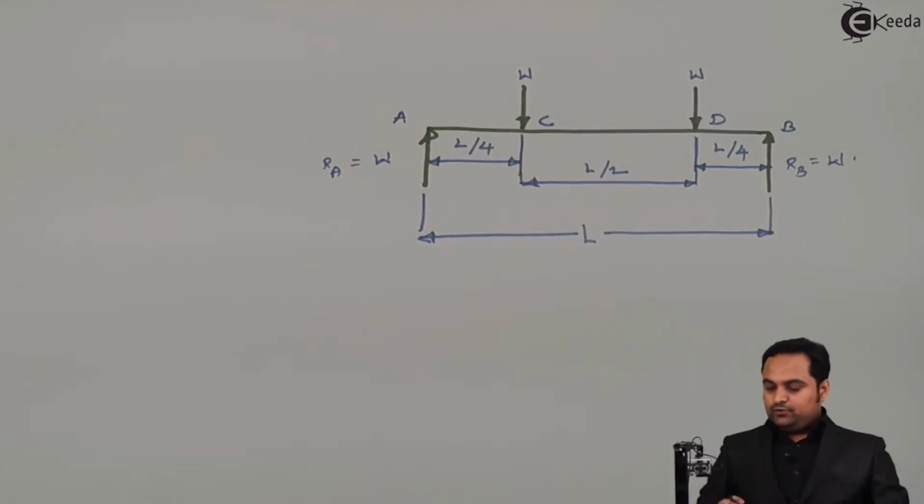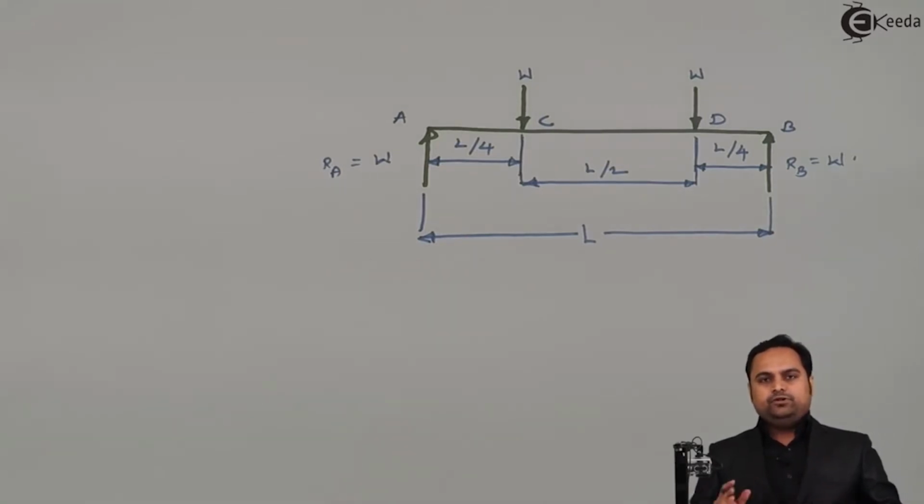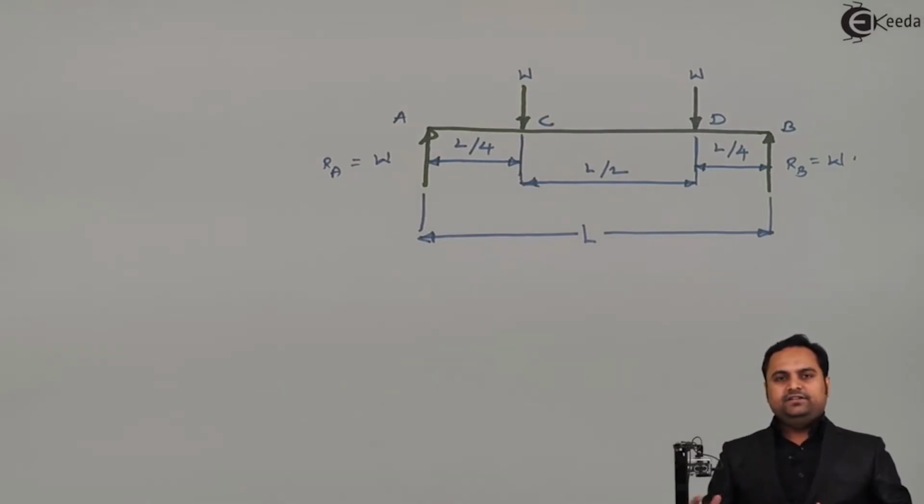Now to solve it using Macaulay's method, the first thing is we should consider a section on the beam, which would be called section XX, at a distance x.